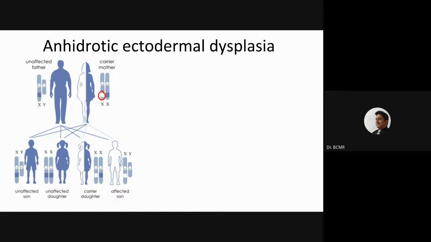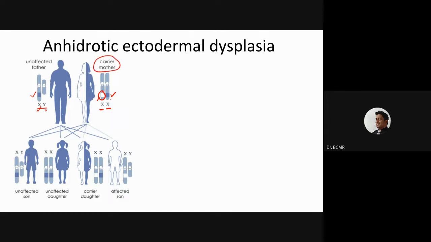If in the male, in this pedigree, there is an X chromosome with a functional gene and Y, no problem. Whereas in females, one X chromosome has the functional gene for the sweat glands, and the other one does not. So this mother is a carrier.